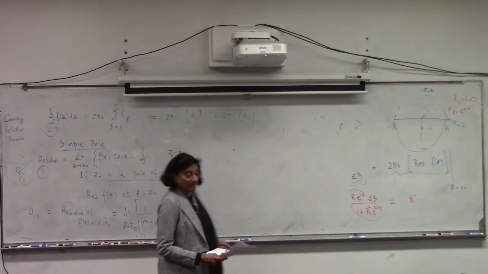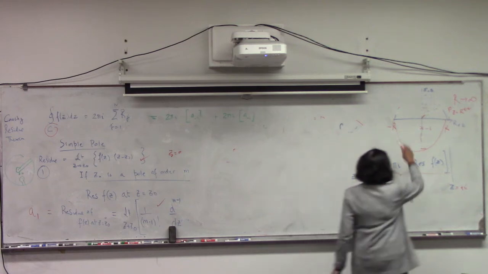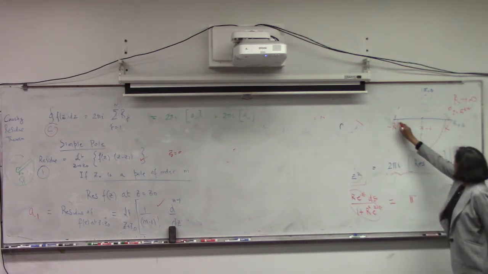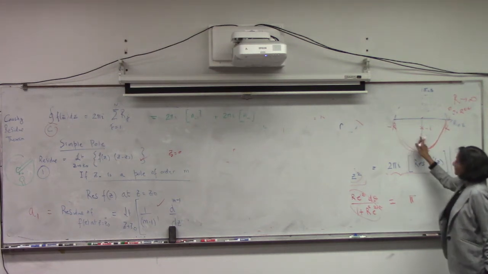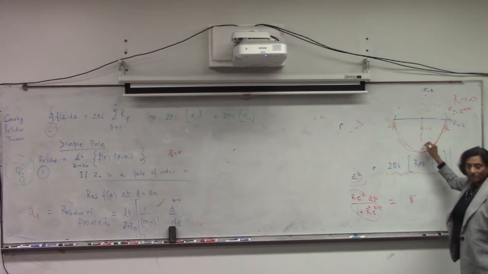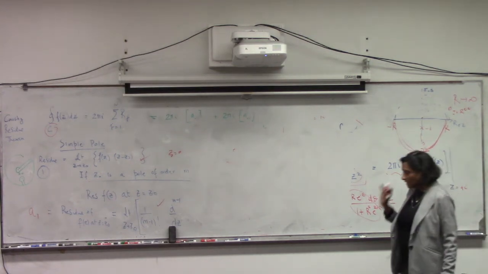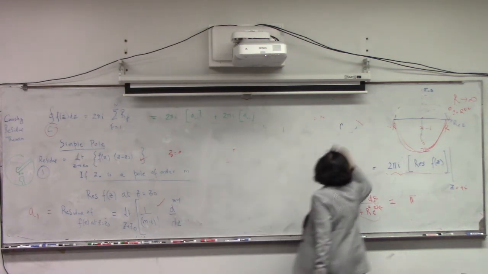But for the same problem, the same integrand, you should be able to get the same result. If I went from minus r to r and closed it this way, including the other one, you should get the same result. It should not depend on that, because the Cauchy theorem says only closed contour.